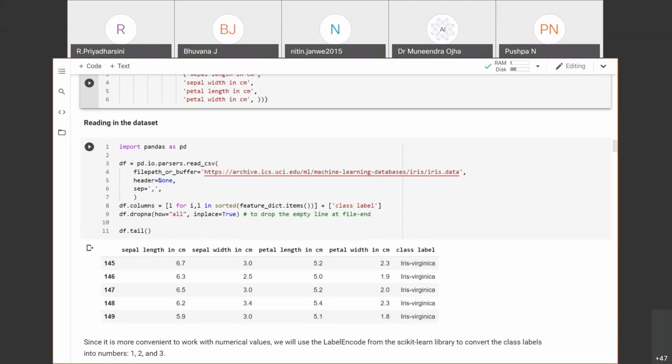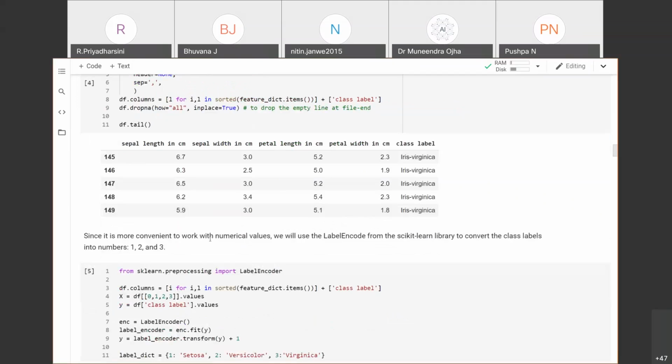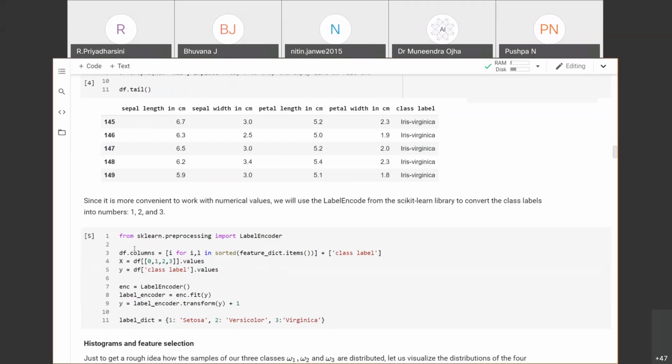Okay. So since it is more convenient to work with numerical values, we will use the label encode function from the scikit-learn library to convert the class labels into numeric values, 1, 2, or 3. So this is what we do.